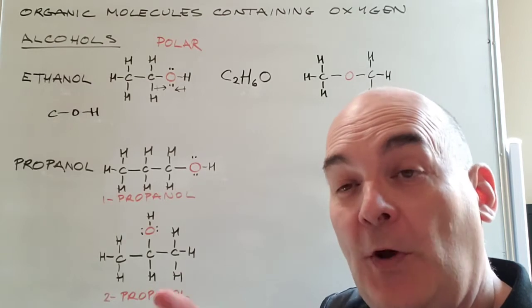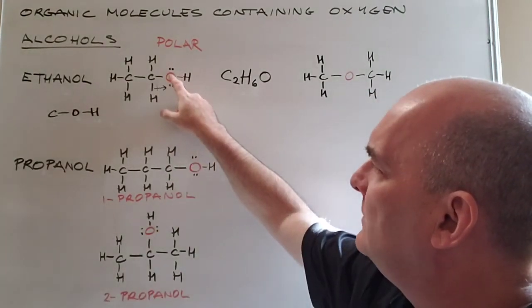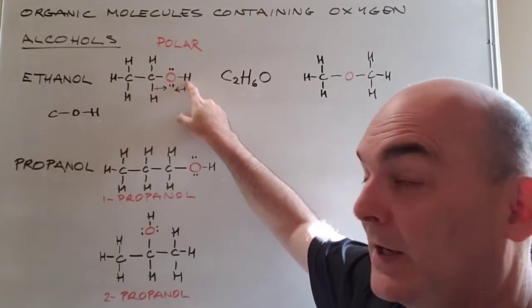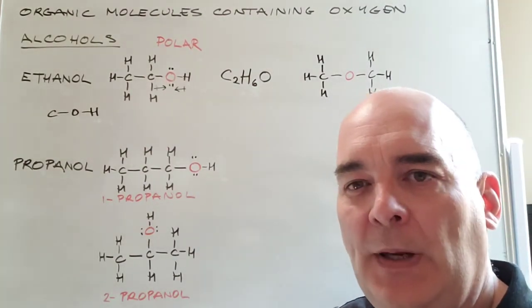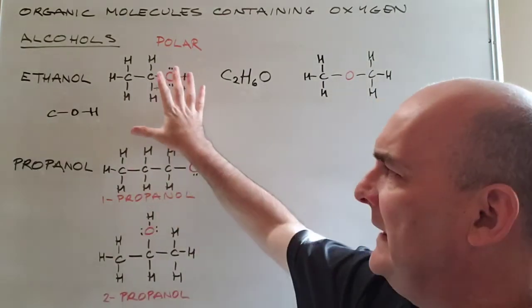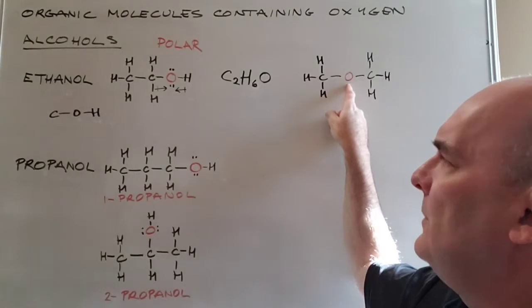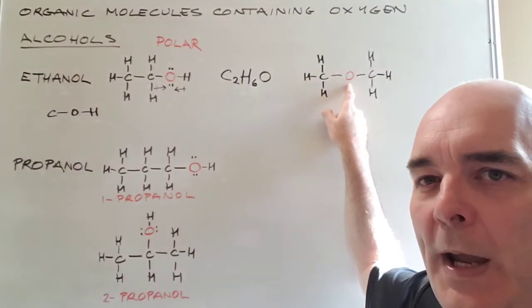And again, if we go back just a chapter or two, we've mentioned that if there is a hydrogen directly attached to an electronegative atom, the intermolecular attraction is called a hydrogen bond. So these are highly soluble in water. I've made that hydrogen bonding ability go away.